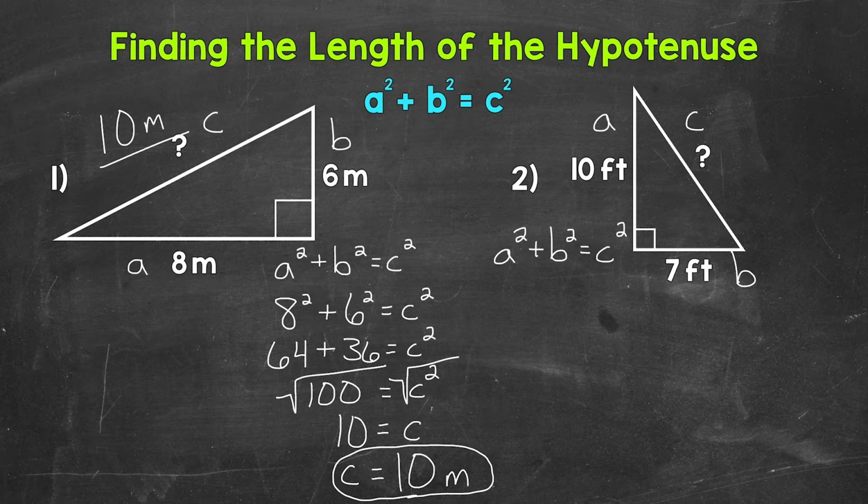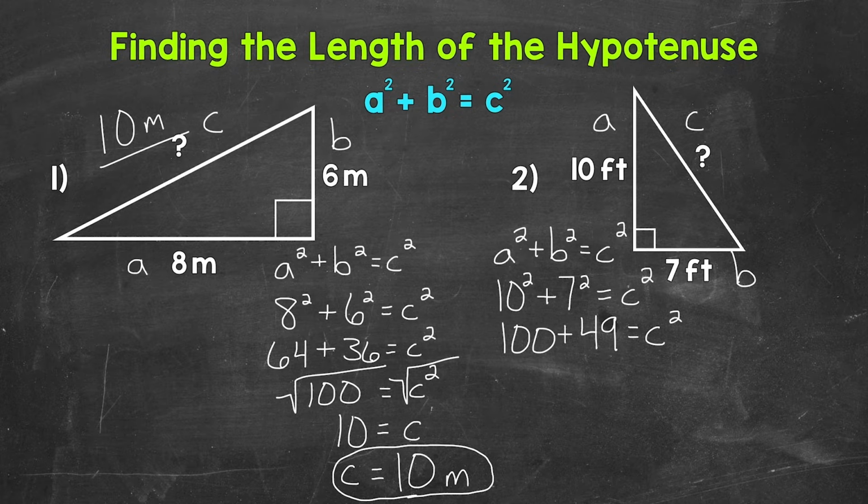Now we can plug in and work through this equation. So for A, we have 10 feet. Plug in 10 for A, so 10 squared, plus 7 feet for B, so plug in 7 for B, 7 squared, equals c squared. 10 squared, that's 100, plus 7 squared, that's 49, equals c squared. 100 plus 49, that gives us 149 equals c squared.